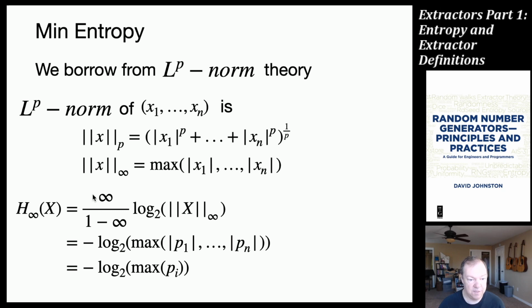So you can think of this as, again, we're taking the limit of this because it turns into a negative, just negative 1. But log 2 of the LP norm over x, which becomes log 2 of the max of the norms, which becomes log 2 of the max of the probabilities. And this is the definition of min entropy in normal probability theory as opposed to LP norms.